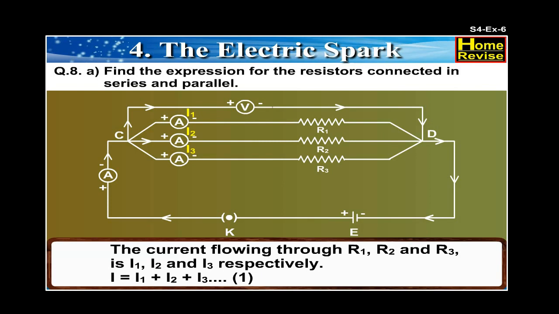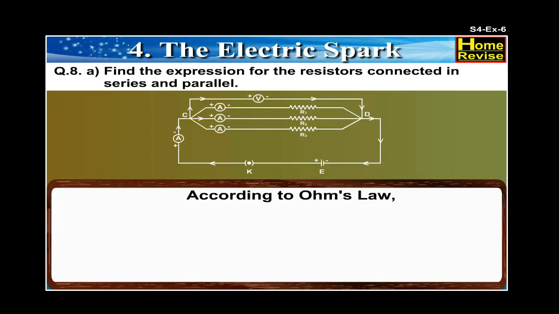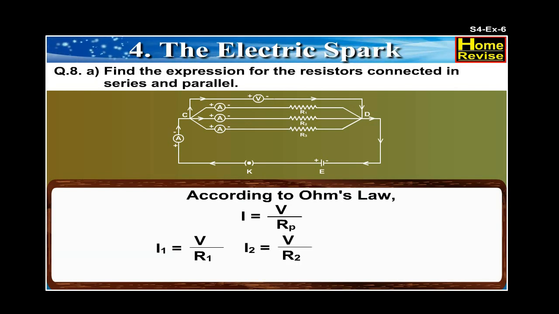First, according to Ohm's law, I is equal to V upon Rp. I1 is equal to V upon R1. I2 is equal to V upon R2. I3 is equal to V upon R3.